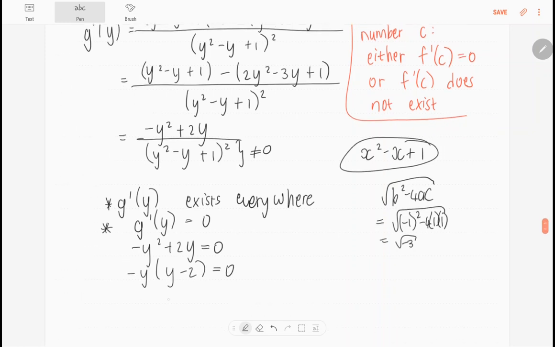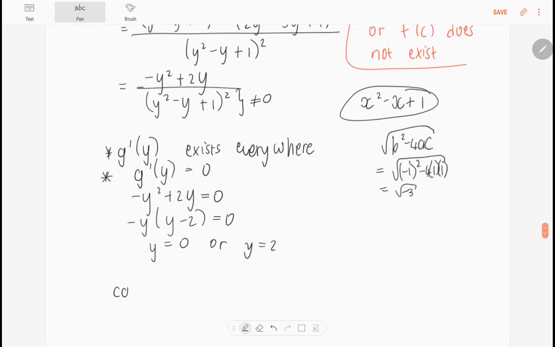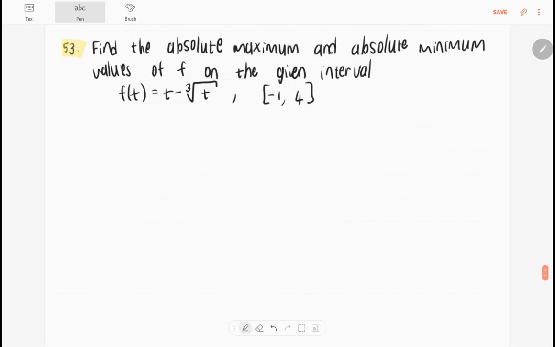That means y must be 0 or y must be 2. So the critical values are y equals 0 or y equals 2.